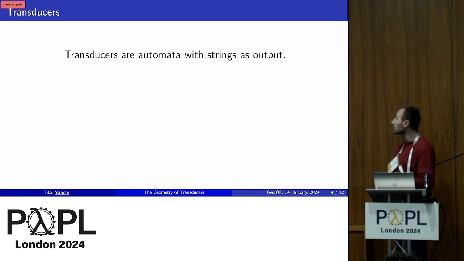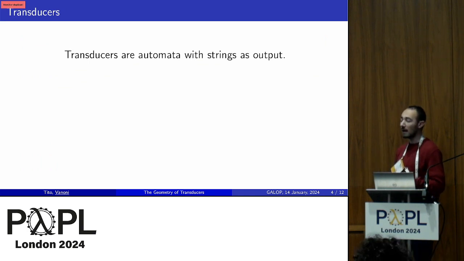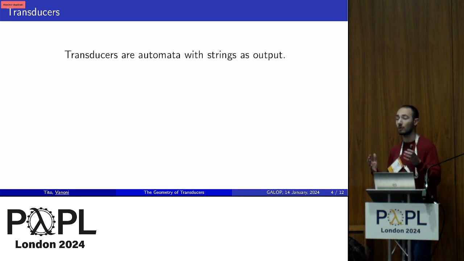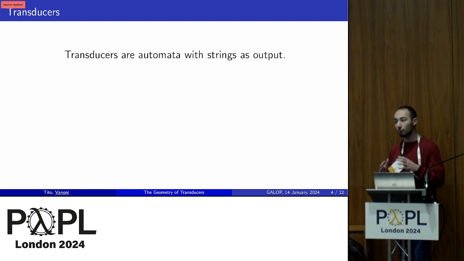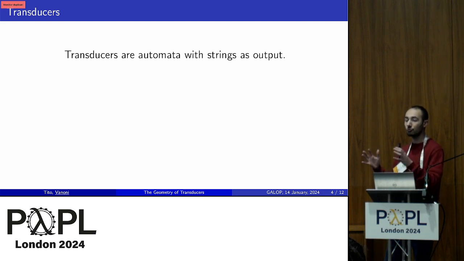And so in this talk, I'll tell you about transducers, actually, and not automata, but transducers are just automata with output. So we have as output a string. And actually, if we want to be more precise, we will not talk about word-to-word transducers, but tree-to-tree transducers.